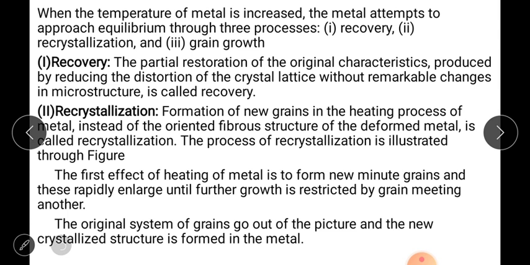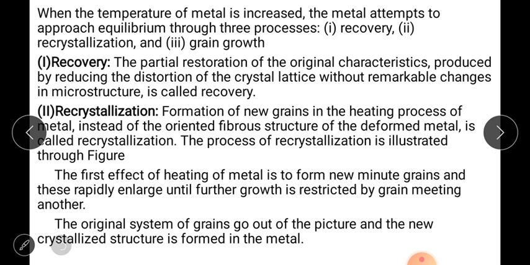In that phase we will study the recovery, recrystallization and grain growth. Means we have a solid scrap, a metallic solid scrap, that will be put into the furnace, and when we give some heat by using different methods, that solid scrap will be transformed into the molten phase.